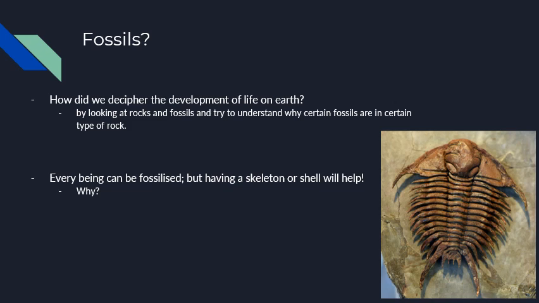Well, these skeletons or shells could imprint themselves into the rock. So you can find a copy of the original animal embedded in the rock, or you are able to find the skeleton itself. And on the picture, the trilobite, that's its skeleton. But there are many more fossils to be found which are actually copies of the animal which was living there at a certain point in time.